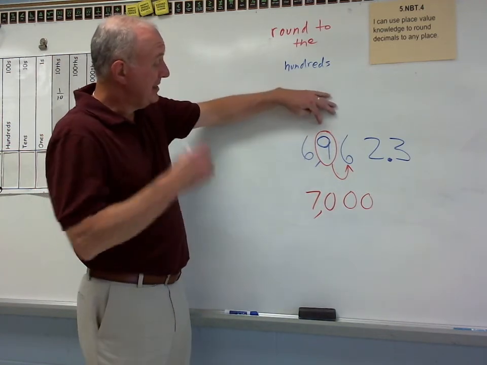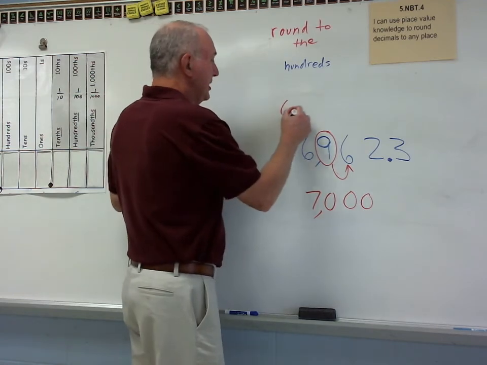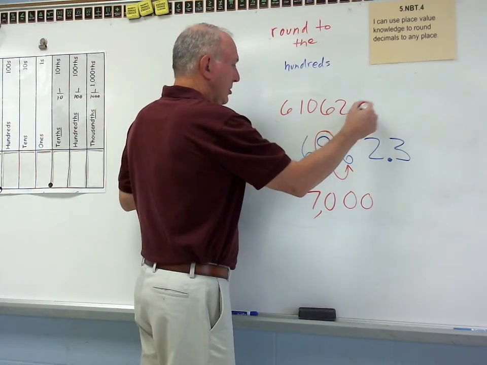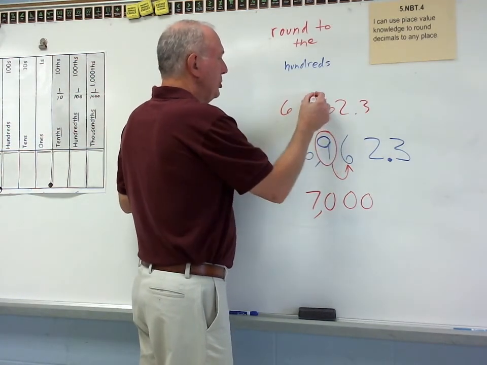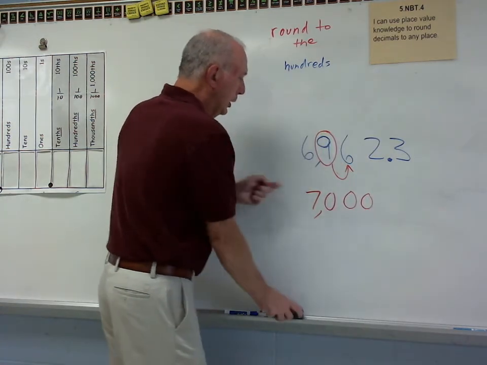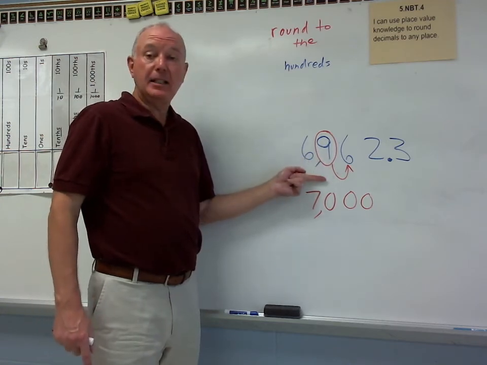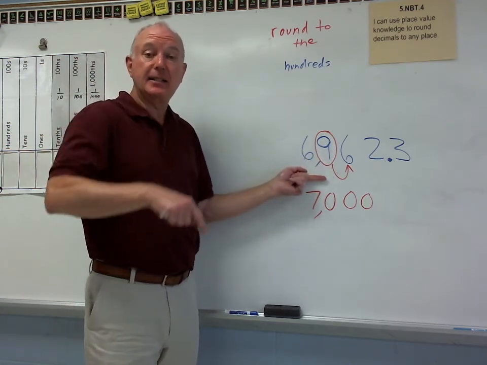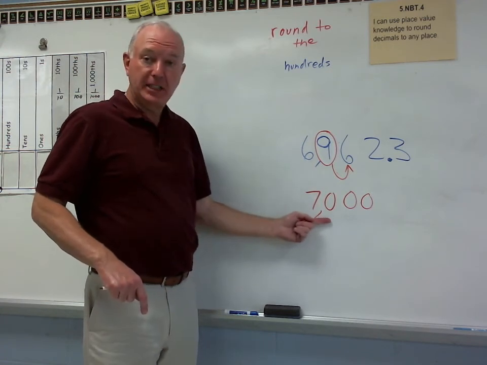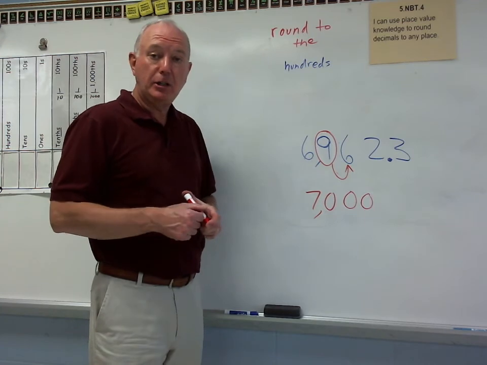So if this is a 9, when you increase a 9, don't make it 6, 10, 6, 2, because you can't have that in a single place. Look at it again. It's a 2-digit number. When you add 1 to the 9, you're really adding 1 to 69 to make 70.